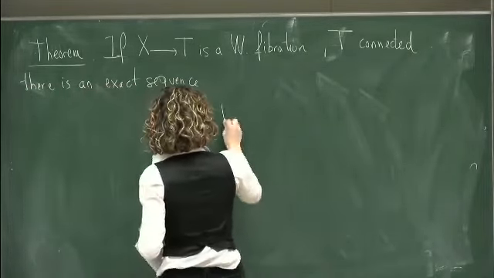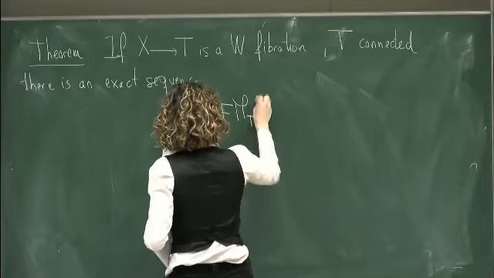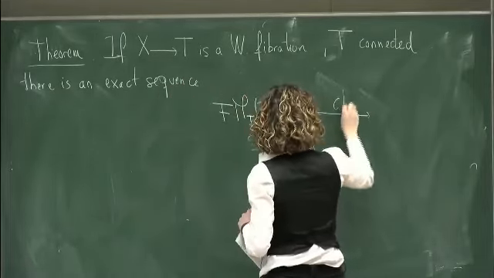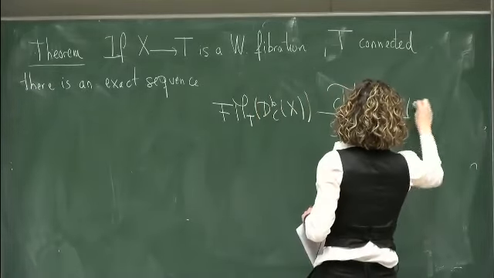We have the Fourier-Mukai, the relative ones. Here we have this morphism to the special linear group.